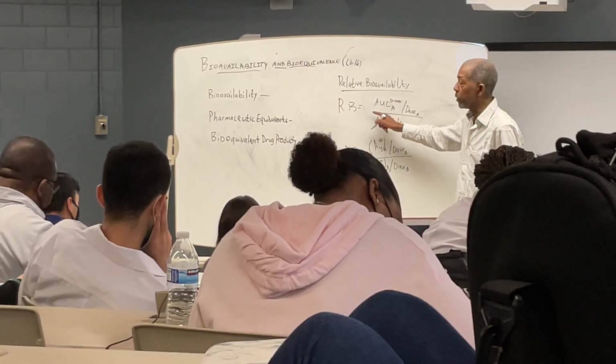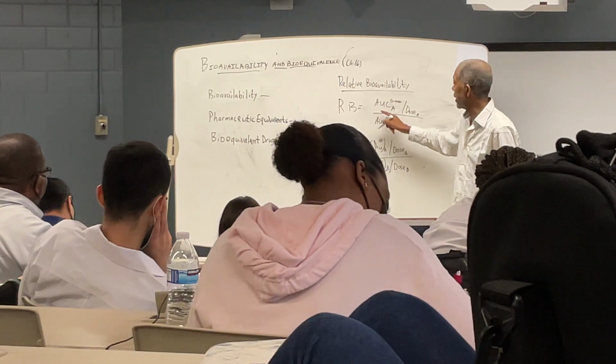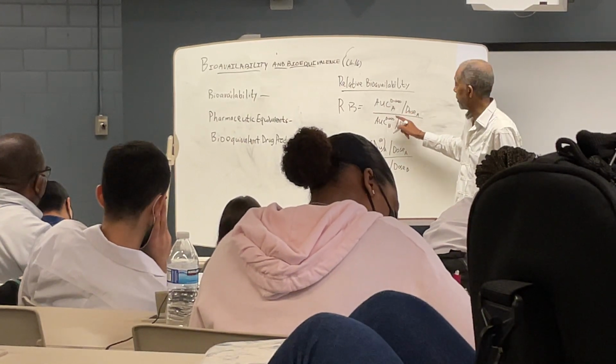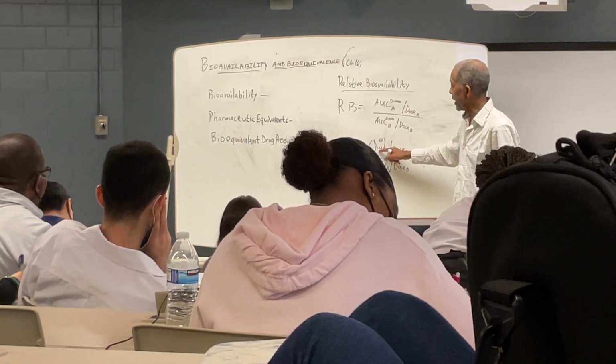This is where we're looking at plasma concentrations. This is the area under the plasma concentration time curve. Here, this is AU infinity.